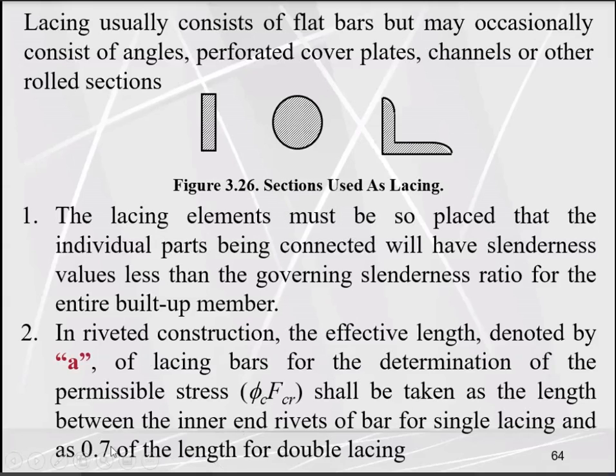Here what he is explaining is the inner end rivet for the bar for single lacing, and for double lacing we multiply the A value with 0.7 in order to compute the effective length of double lacing. He has used between the inner ends, so inner end means clear distance.